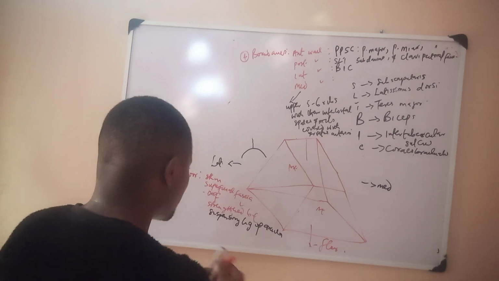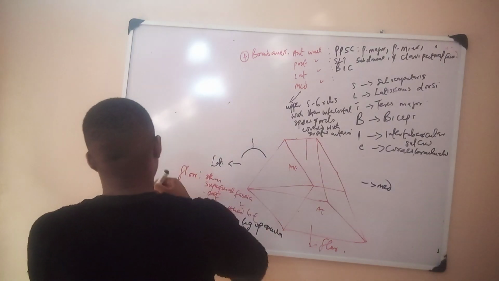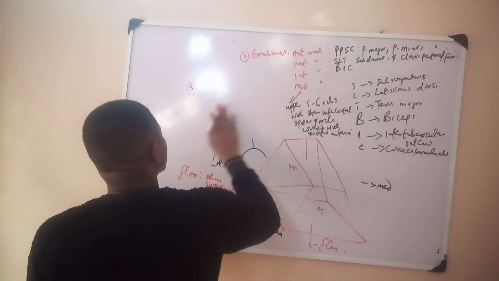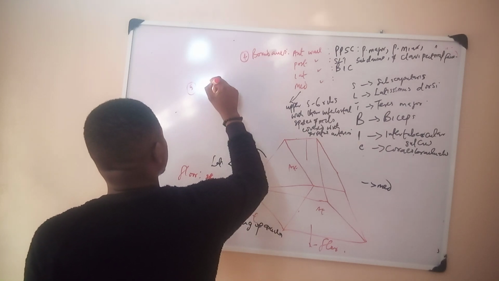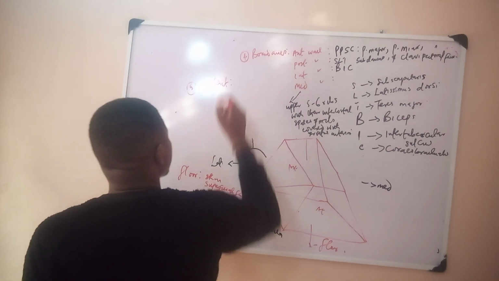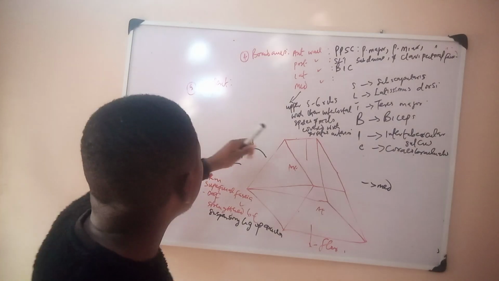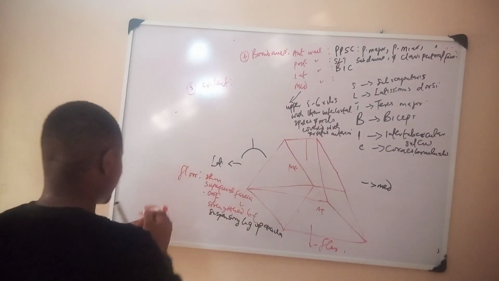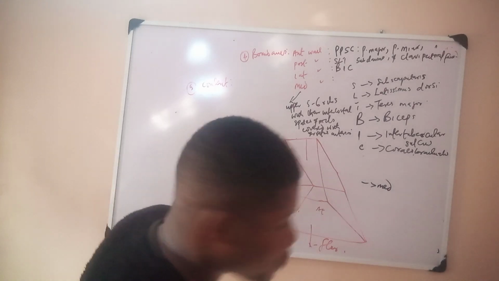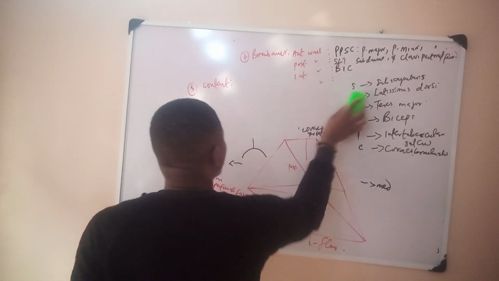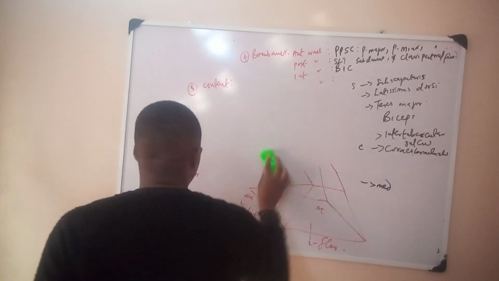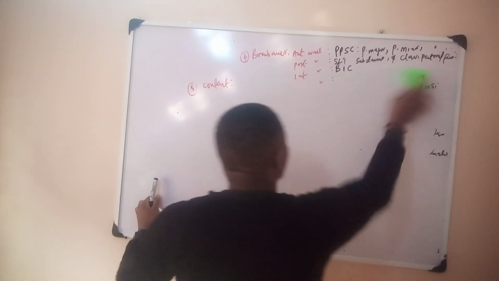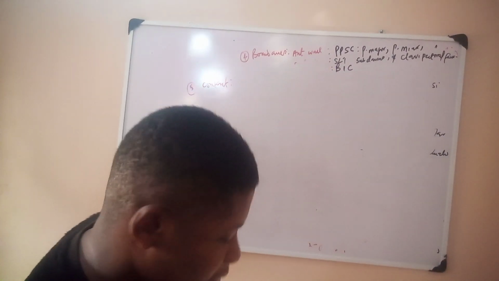Then the next thing, which is number 5, we'll look at the contents. So what are the contents of axilla? I'll just say everything axillary.